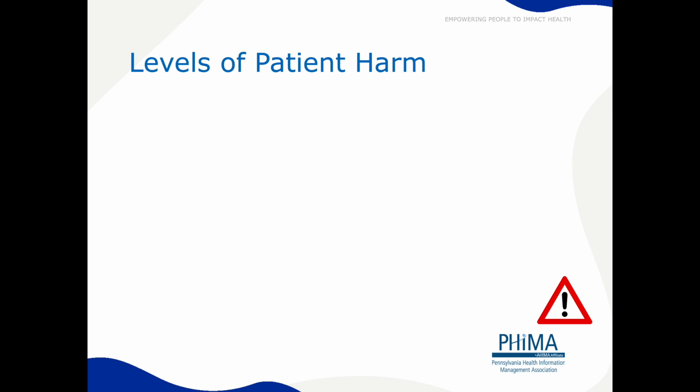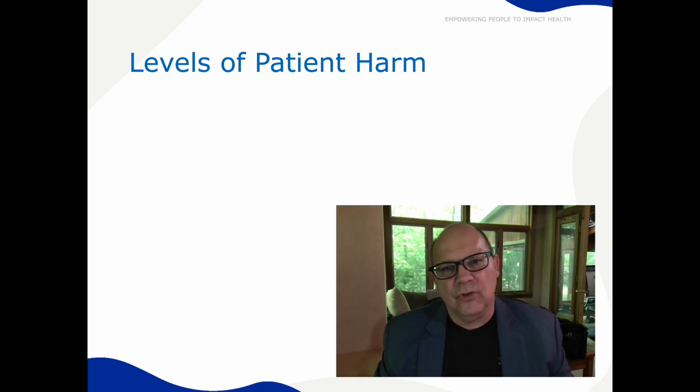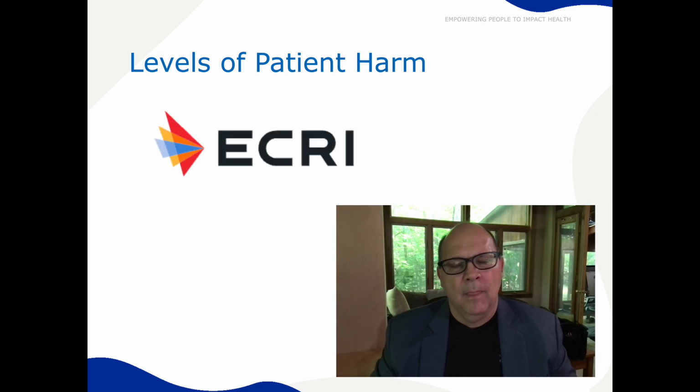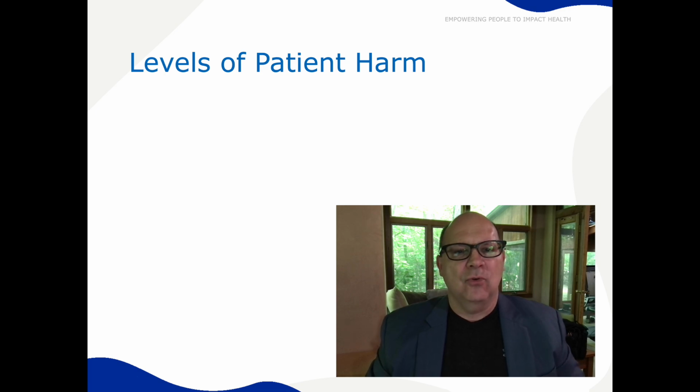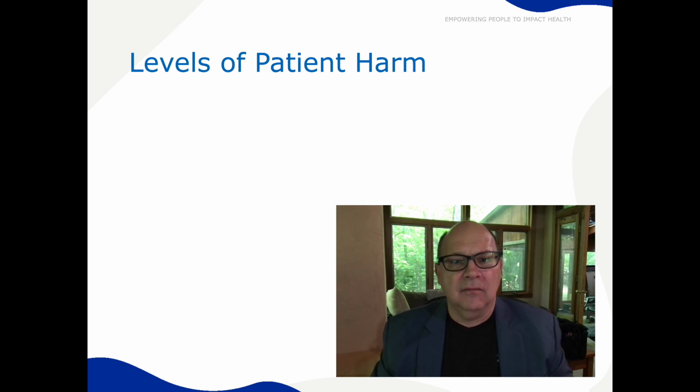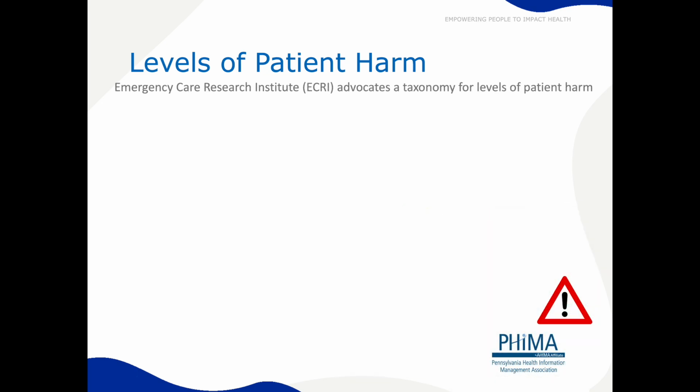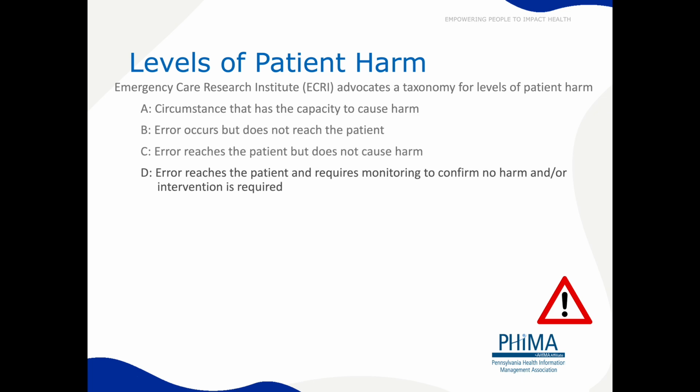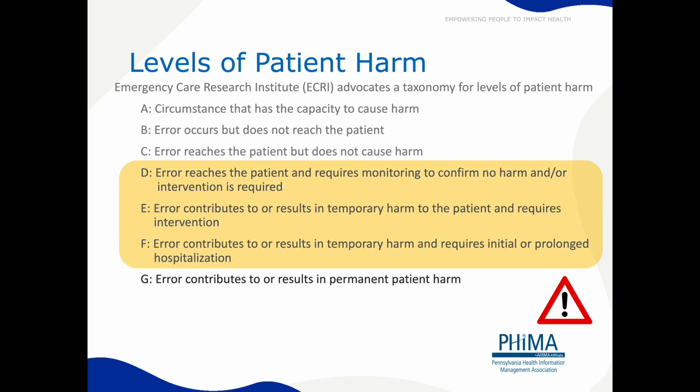The Emergency Care Research Institute, ECRI, has created a taxonomy to classify the impact of data errors on patients. And the impact ranges from possible harm to the patient, but they're not aware, to the patient knows of the error and the error has caused temporary harm.